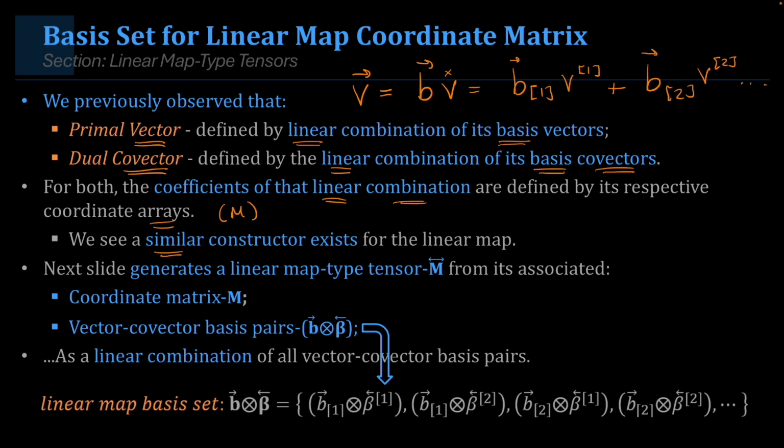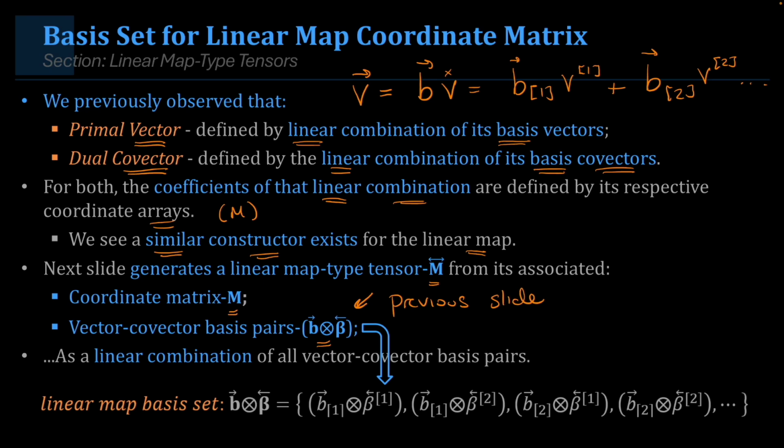So we see a similar constructor exists for the linear map. The next slide generates a linear map type tensor from its associated coordinate matrix, as well as vector covector basis pairs. Now this is specifically what we discussed on the previous slide.